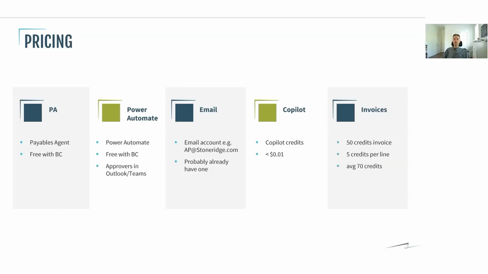Obviously, if you have an invoice with more than 10 lines, that's 50 extra credits, which makes it over $1. But you also see a lot of invoices with just 1 line on it, right? So again, the average we see is 4 to 5 lines, so it's 70, 75, maybe 80 cents per invoice processed by the payables agent.